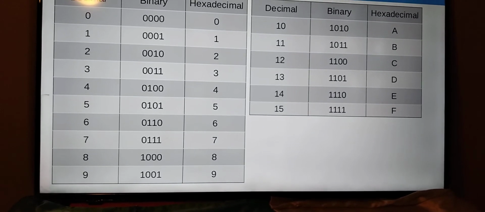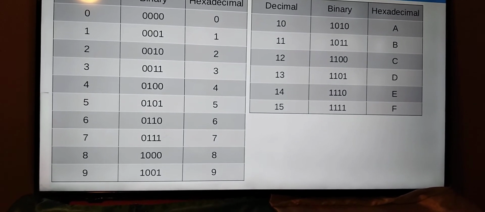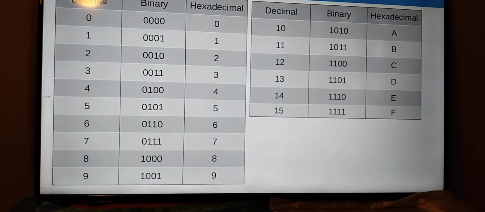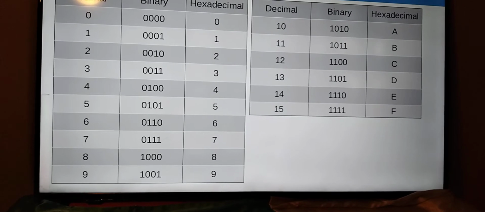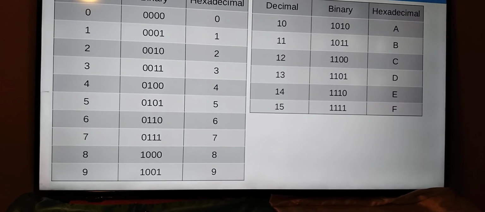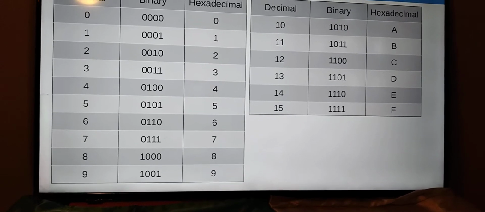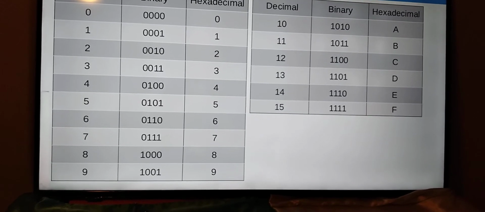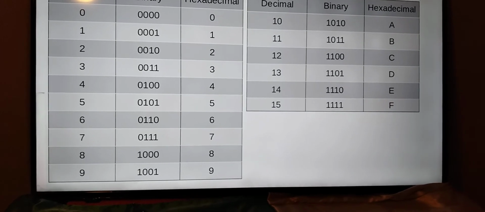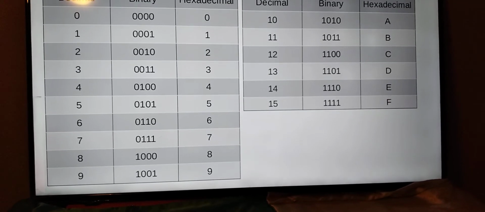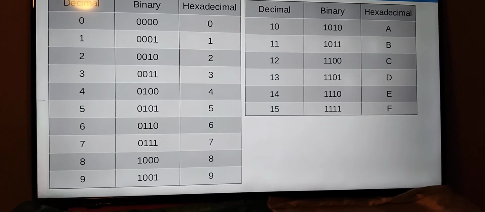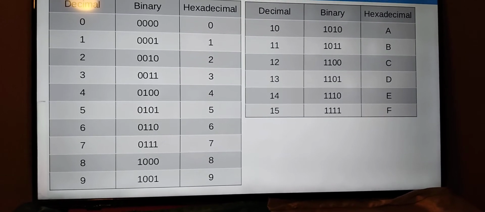If I have 16 possible values, how many bits does it take to represent that? Four, because 2 to the power of 4 is 16.